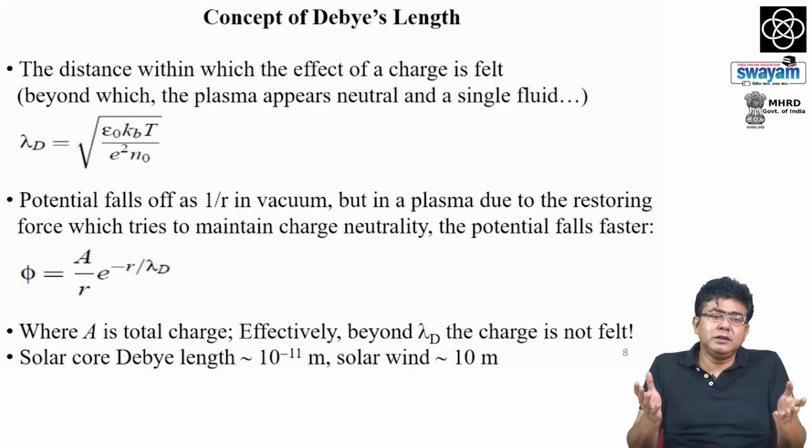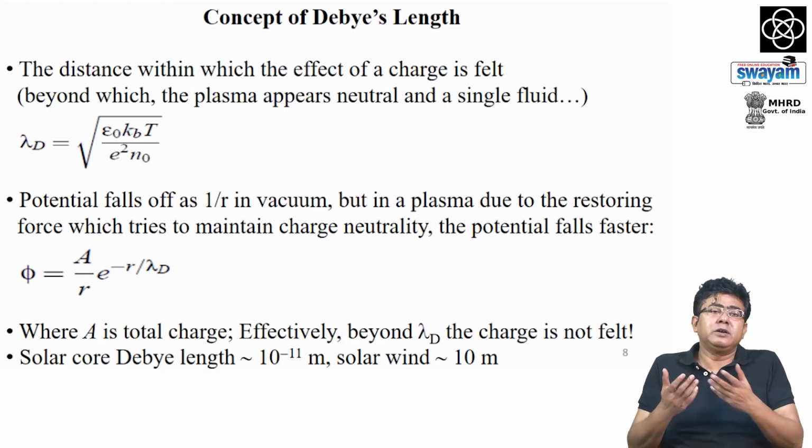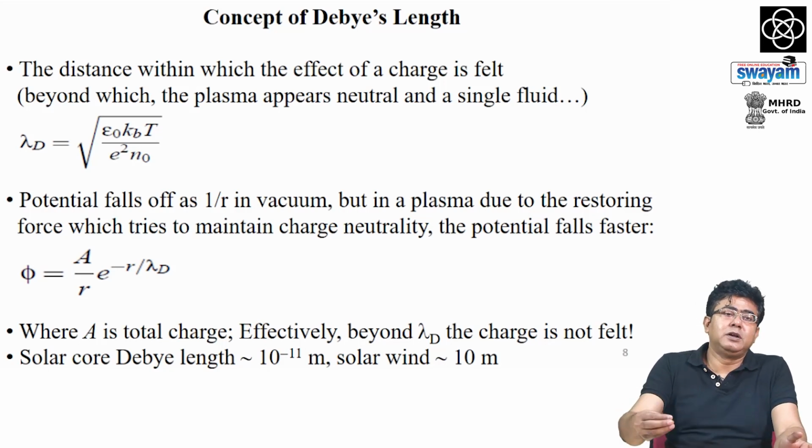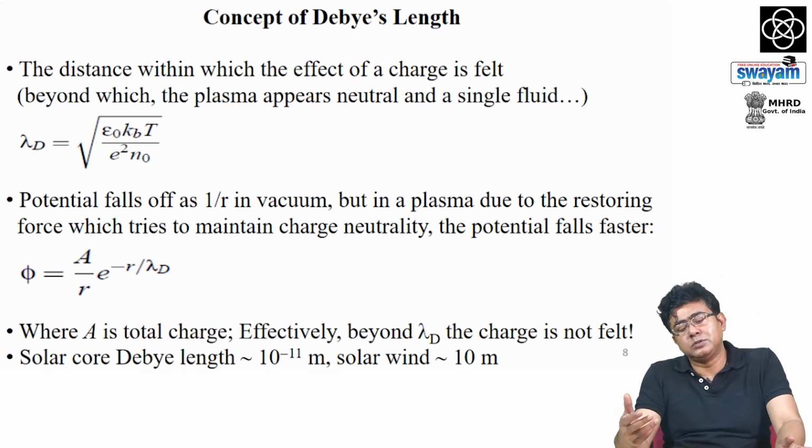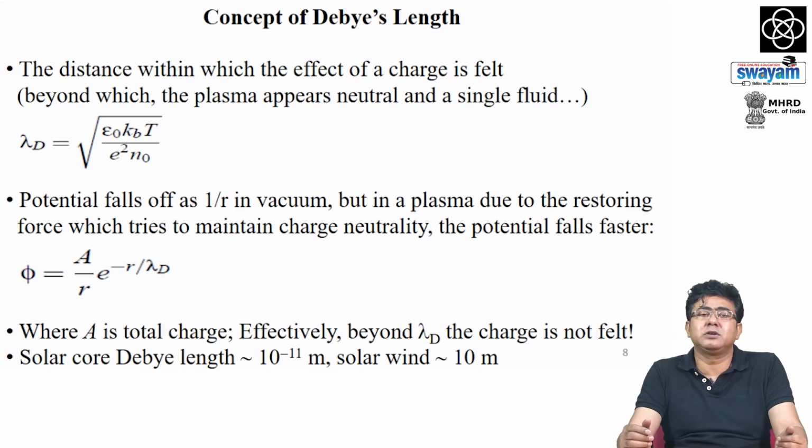And over this length scale, beyond lambda D, you are really seeing a single fluid in the sense that you have an ion whose electric field is being balanced out by this electron cloud, and therefore, this appears as a single fluid system to you, where ions and electrons do not have to be treated as separate entities.